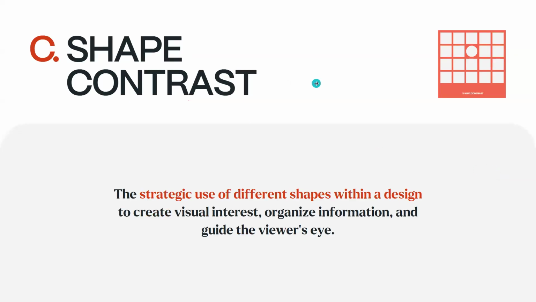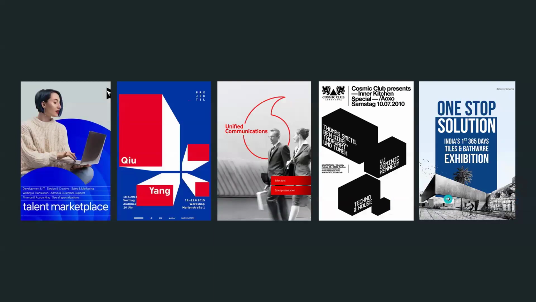Third one is shape contrast. Again, the name suggests it is using shapes in the design to create contrast between the background or the colors or anything. But it is using shape, right? So if you look at the middle one, this is an ad for Vodafone.